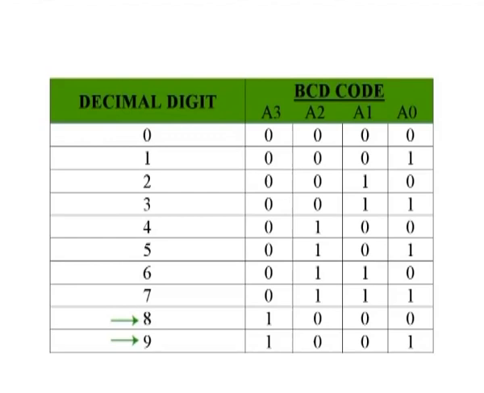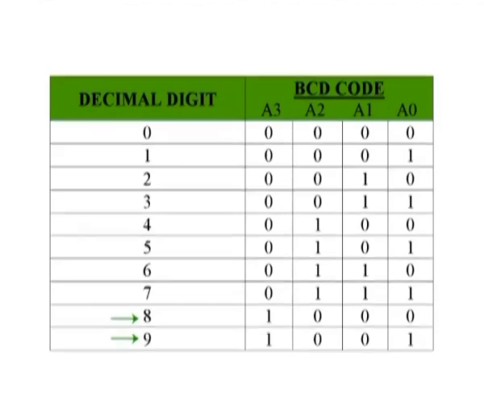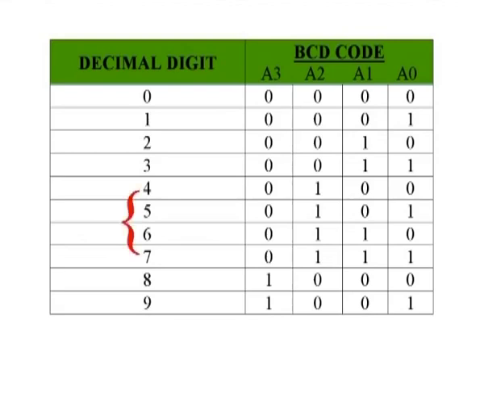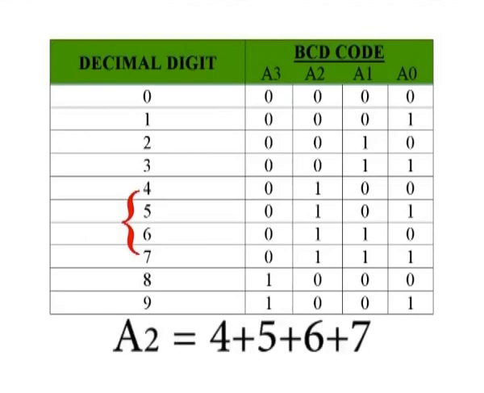An OR expression for bit A3 in terms of decimal digits can therefore be written as A3 = 8 + 9. Bit A2 is always a 1 for a decimal digit 4, 5, 6 or 7 and can be expressed as an OR function as A2 = 4 + 5 + 6 + 7.